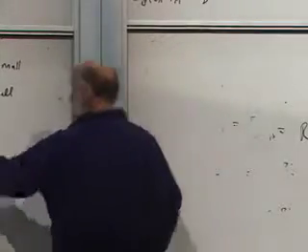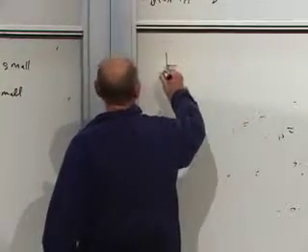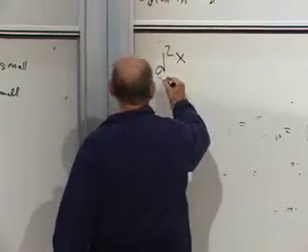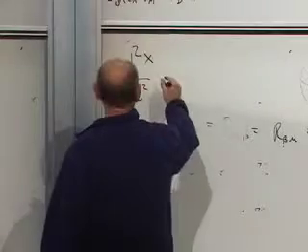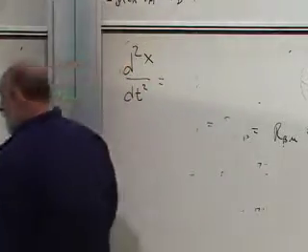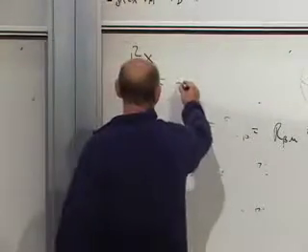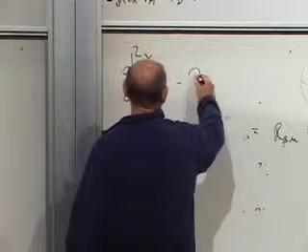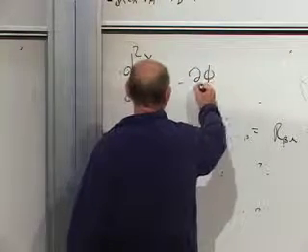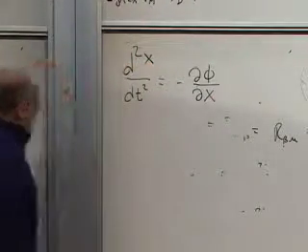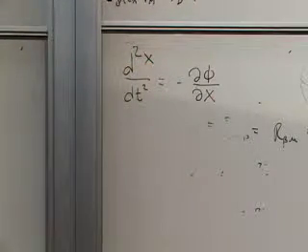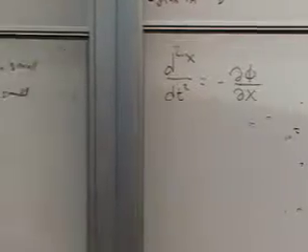So we would have written in Newtonian physics, the second derivative of x with respect to t squared is equal to minus, I think, the derivative of the potential, let's call it phi, with respect to x. It's basically the same kind of formula.